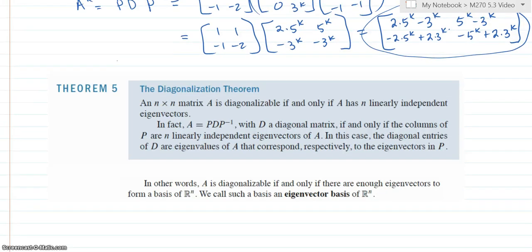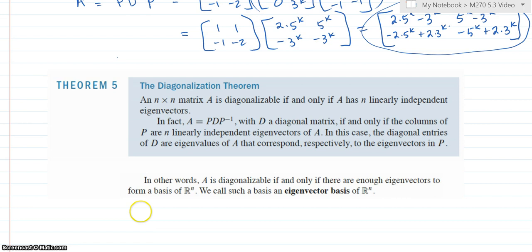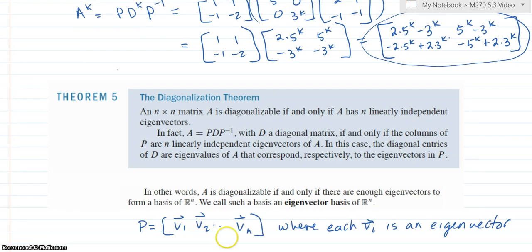What does this mean? That means P is going to end up being V1, V2, all the way to Vn, where each Vi is an eigenvector. The columns of P are n linearly independent eigenvectors.